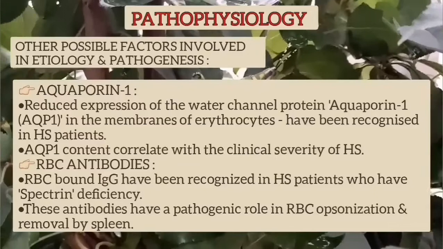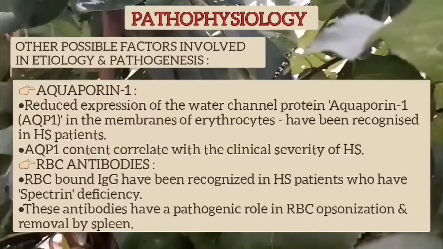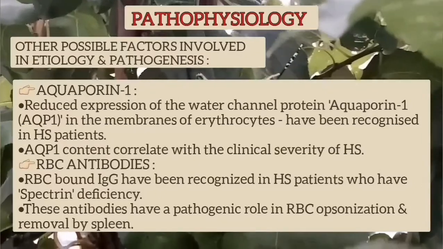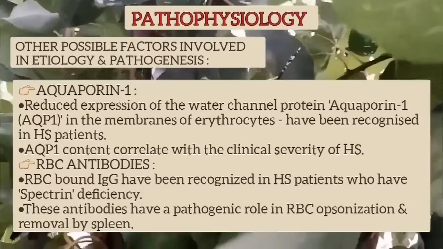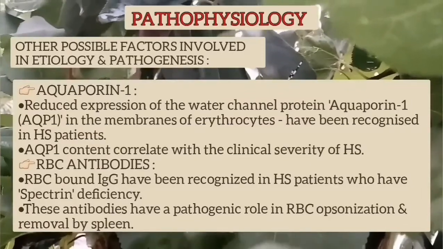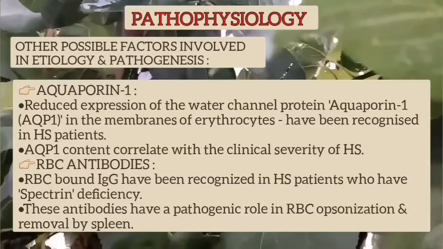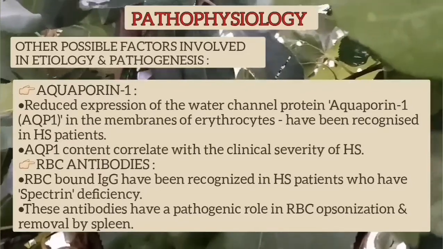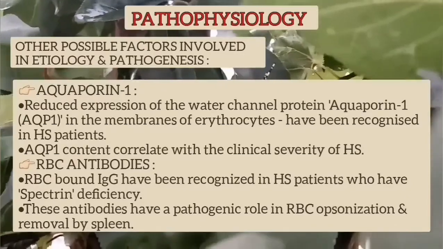This aquaporin 1 content in the erythrocyte membrane correlates with the clinical severity of hereditary spherocytosis. And the other is RBC antibodies. RBC bound immunoglobulin has been recognized in patients with hereditary spherocytosis who have spectrin deficiency. Now it has been suggested that these antibodies have a pathogenic role in RBC opsonization and removal by the spleen.